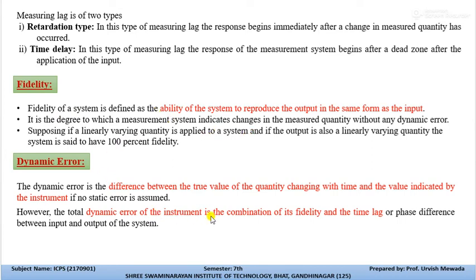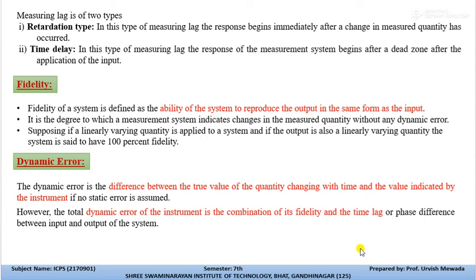Now dynamic error. Dynamic error is basically the difference between the true value of a quantity changing with time and the value indicated by the instrument, if no static error is assumed. Error is generated only when the input is given and your instrument does not offer the output according to the input, meaning both are different.